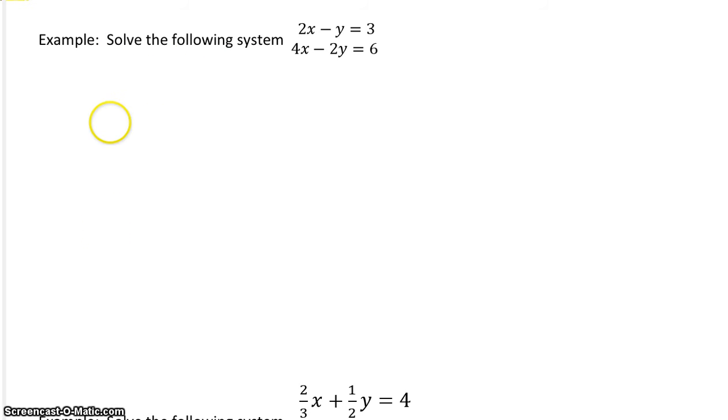Now I'm going to talk about another one. Same idea. You want to get one of the variables to eliminate. It's really a choice for you. It doesn't matter which one you choose. So I'm going to just pick one. I'm going to eliminate the x variables.